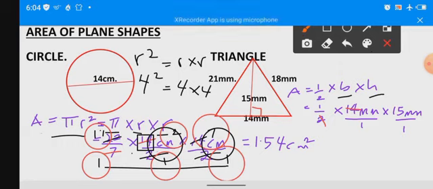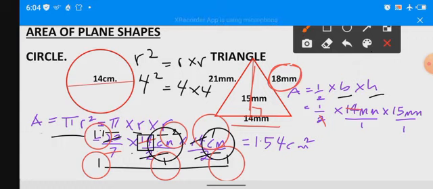So this other side here is not the base. It will only be used as the base if we have a height here. Both height and base are perpendicular, so you can't use this as the base.